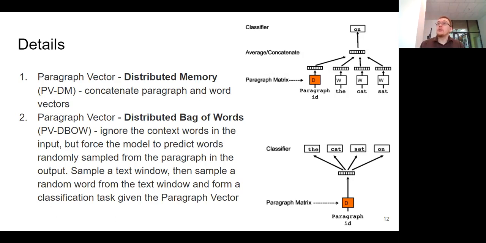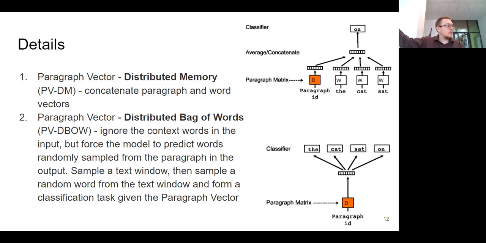One is distributed memory: they concatenate paragraph and word vectors, and they predict the next word. And the other is distributed bag of words: they ignore the context words, and they force the model to predict words randomly sampled from a paragraph. So they train the paragraph vector in the way that, in the best way, predicts the words in this paragraph.